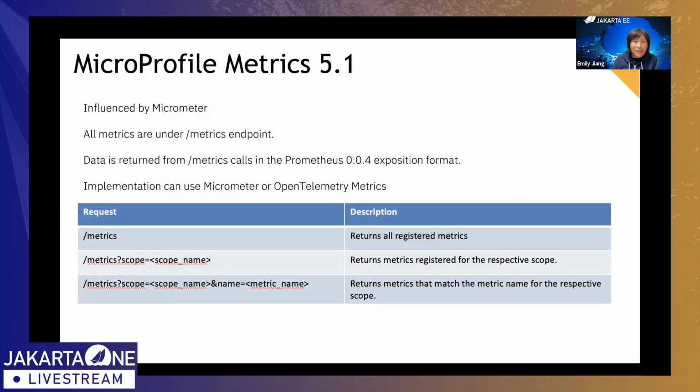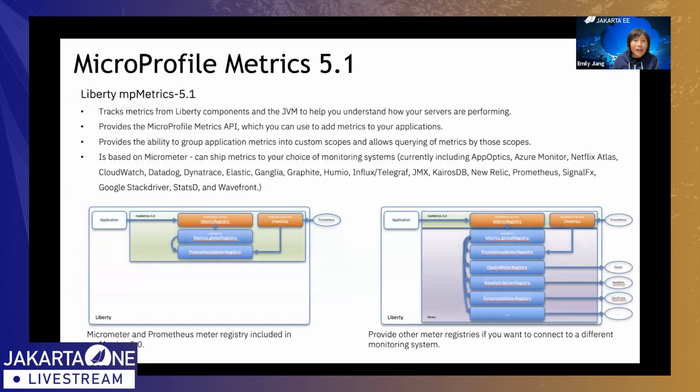And as I mentioned earlier, the metrics can be viewed at the /metrics endpoint. In Open Liberty, we use Micrometer as the implementation, and it works with many different monitoring systems. You can also bring in your own meter registry.